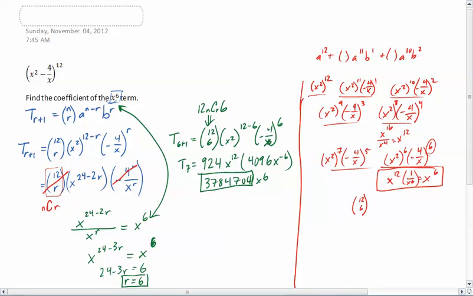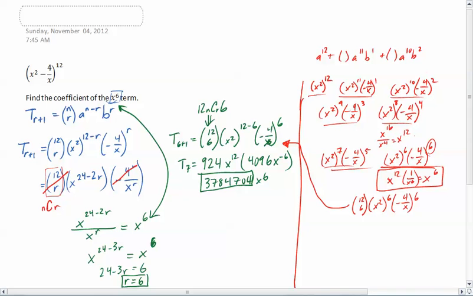Remember, we start at 0, so element 0, element 1, 2, 3, 4, 5, 6. So element 6, the power was 12, and so then I just go x squared to the 6th, and then negative 4 over x to the 6th, and then I work it out exactly the same as I did once I had the numbers in right there.